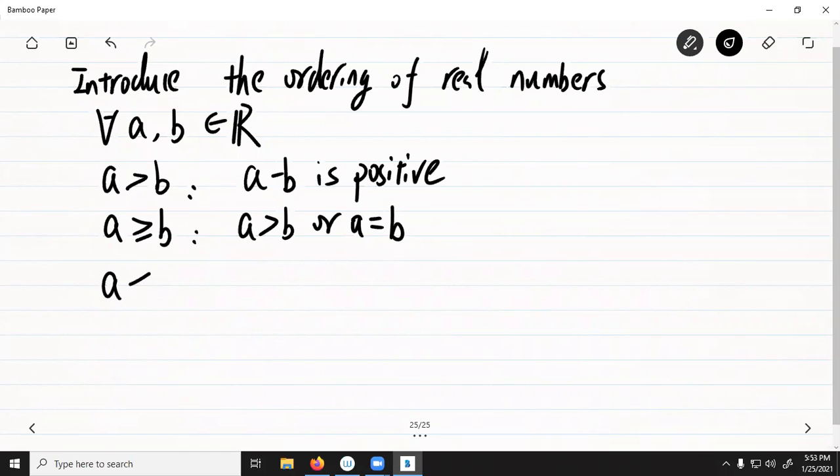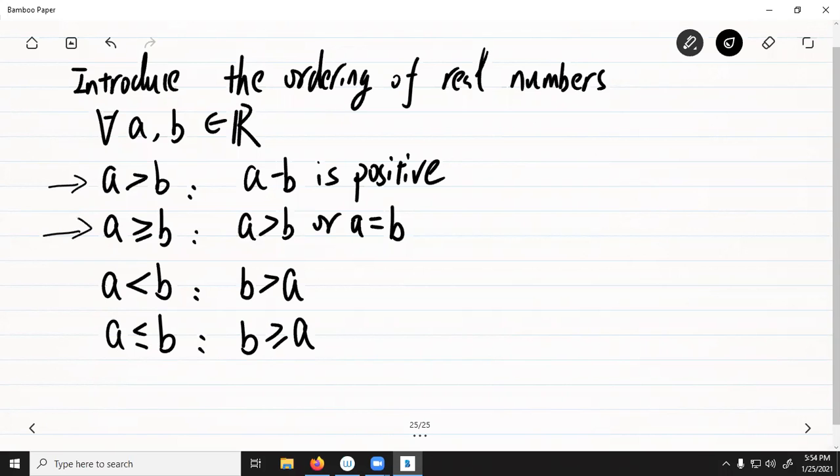What is A less than B? A less than B means B greater than A. In other words, B minus A is greater than 0, is positive. A less than or equal to B means B is greater than or equal to A. So we introduce these two inequalities first, using the positivity axiom, which is about the positive numbers.